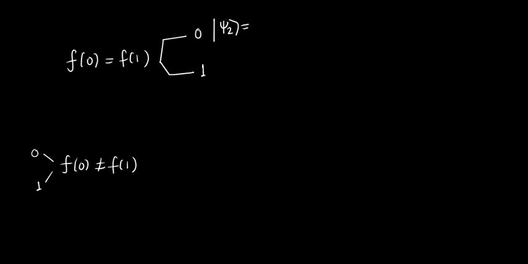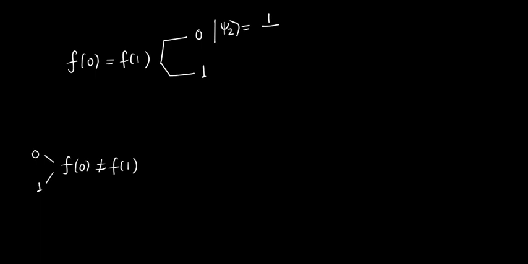So it will be 1 by 2 (0 0 minus 0 1 plus 1 0 minus).